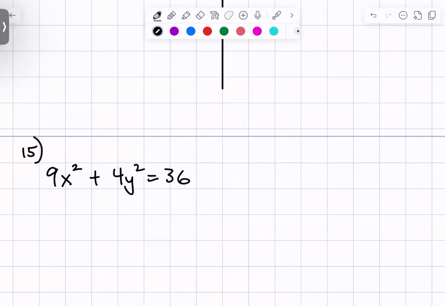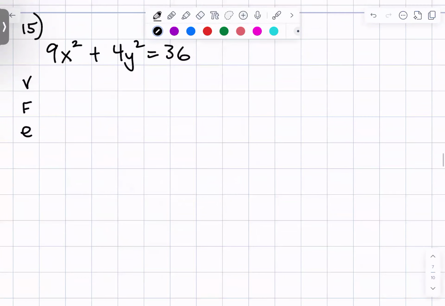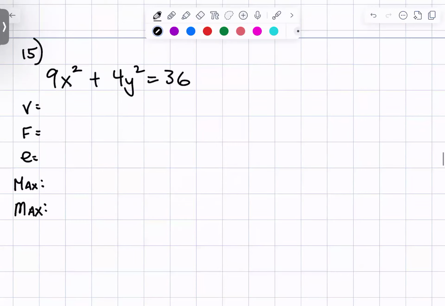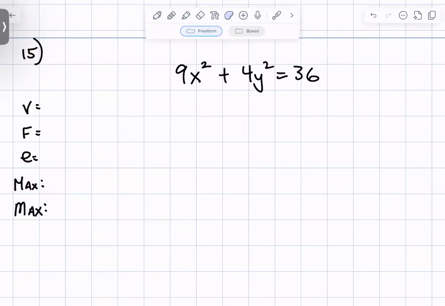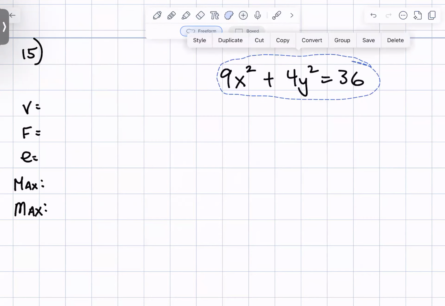This is number 15. So we need our vertex, our foci, eccentricity, our major axis, and our minor axis, right? So we first look at our right-hand side, and we notice that it does not equal 1.